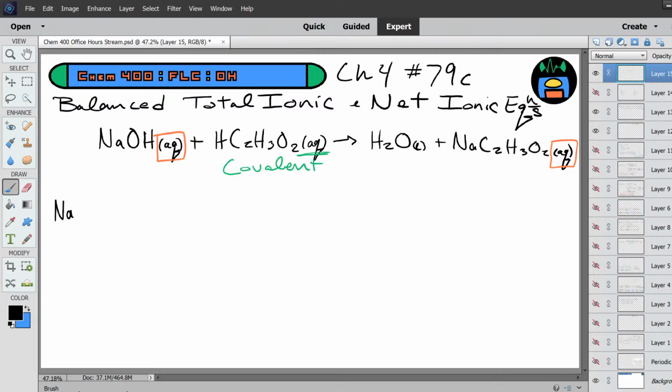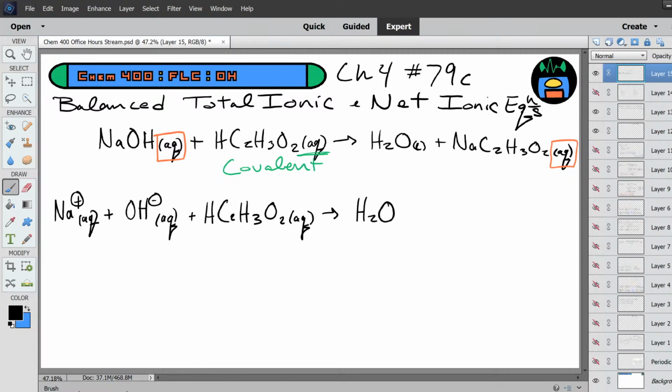So this is sodium cations, sodium has a charge of +1, plus hydroxide anions, plus acetic acid, aqueous, producing liquid water.